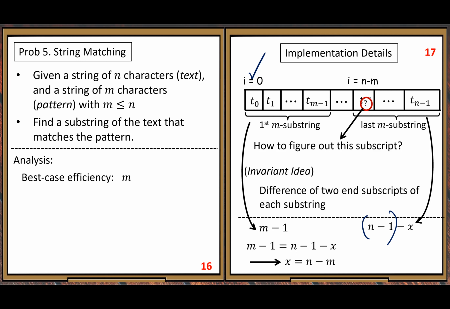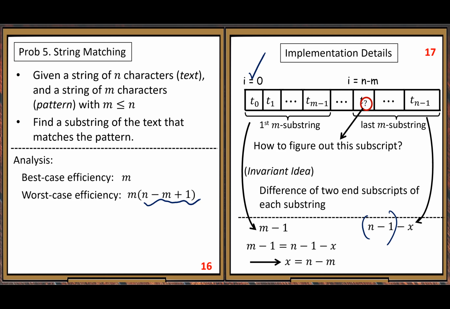So for the best case, we just look at the first occurrence. Worst case efficiency, you need to compare all the substrings. So try all the possible comparisons. Each one needs M character comparisons, but you have this many substrings, so you do multiplication. So you get a worst case like this.